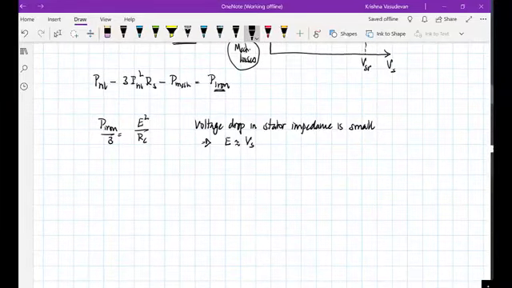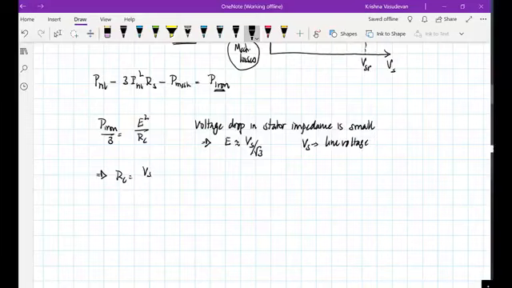Now note that the supply voltage by root 3, because V supply voltage is the line voltage, and therefore we can get the value of RC as Vs square by 3 divided by P iron by 3, which is then Vs square divided by P iron.